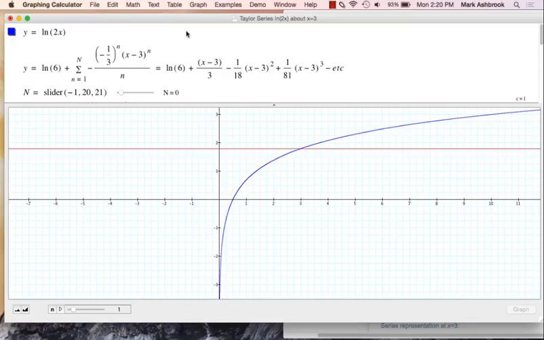No, certainly not a good approximation of ln of 2x, but what does it have correct? At x equals 3, what do you get? You get the natural log of 6. And there it is. So just taking that first ln of 6, it gets it right for that one value. And that's our center point.